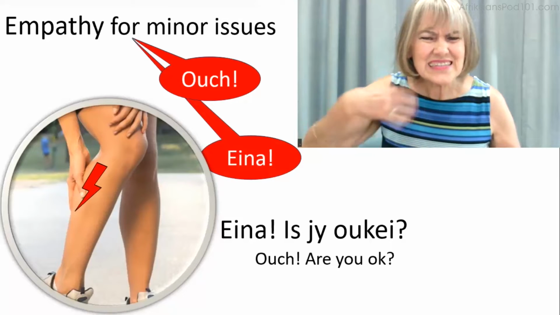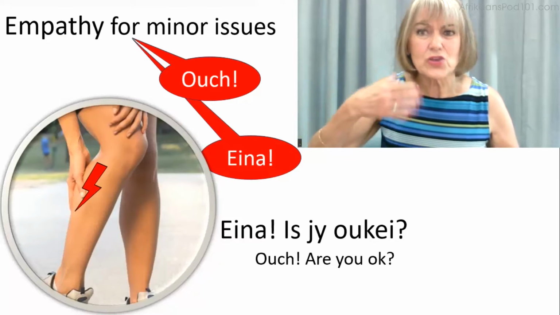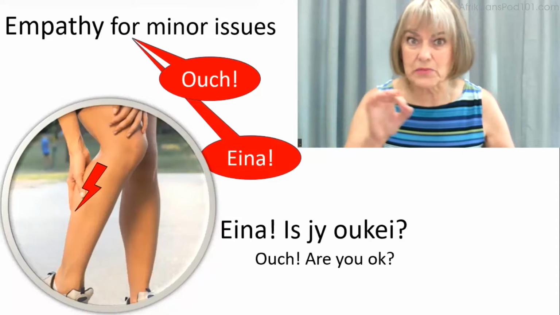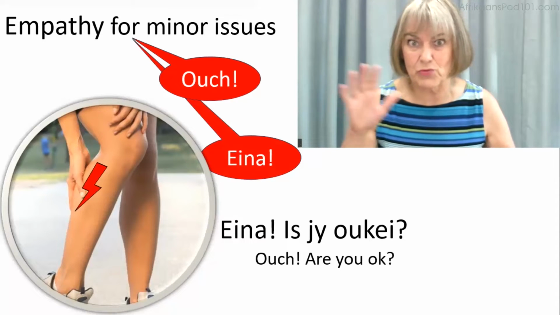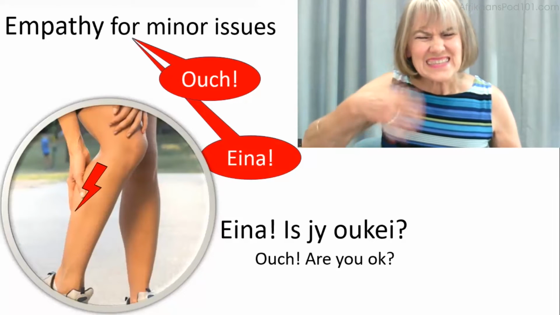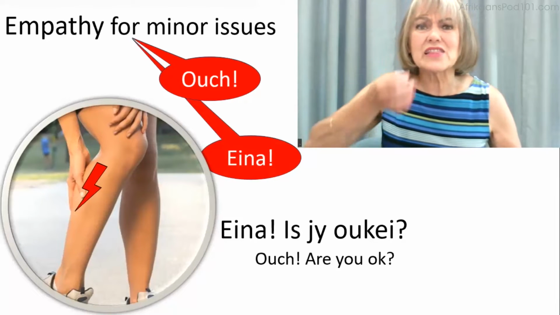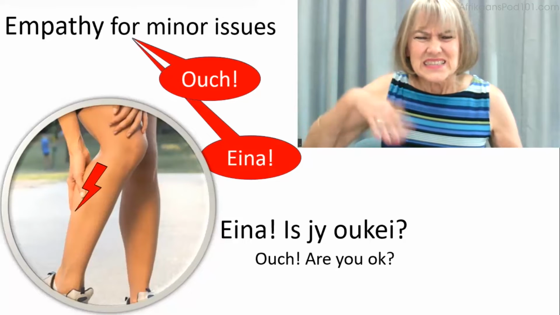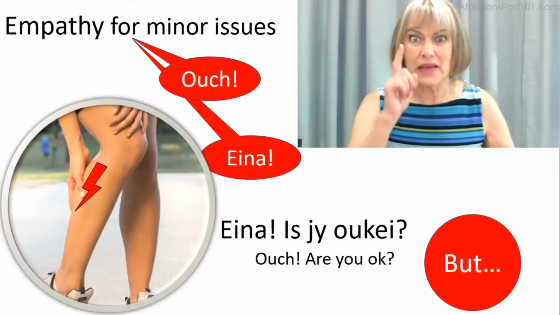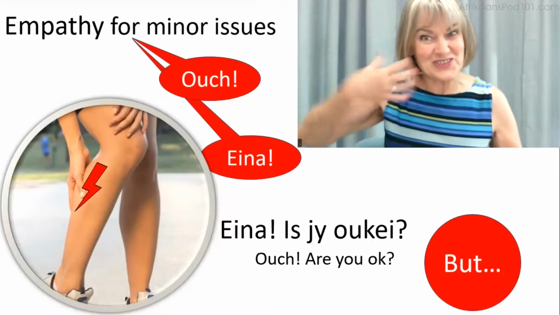Eina, is jy okay? You would not use this if a person has just heard about somebody dying in their family. Obviously, that would be very insensitive, but for a small thing, Eina. And often you can pull the air in through your teeth. Eina, is jy okay?